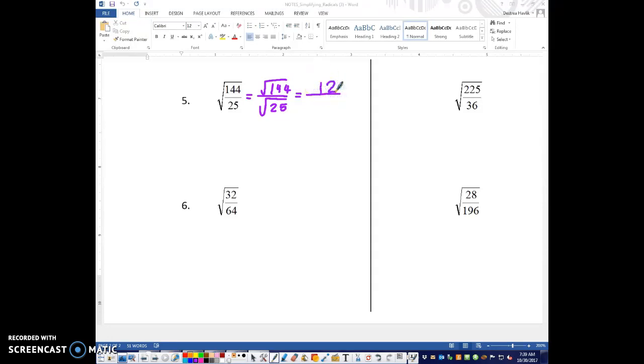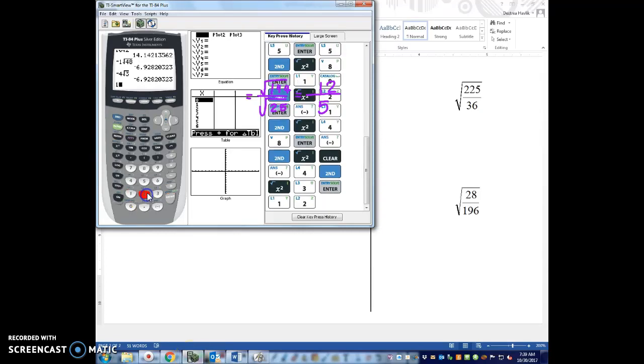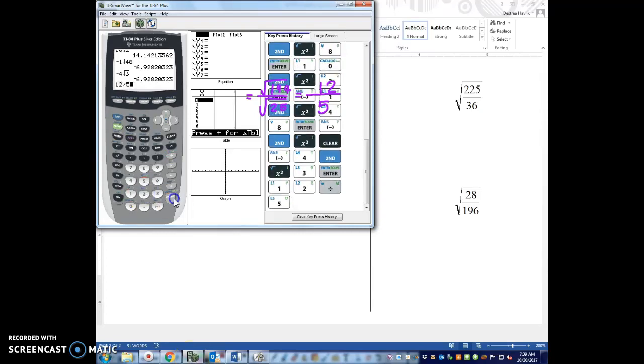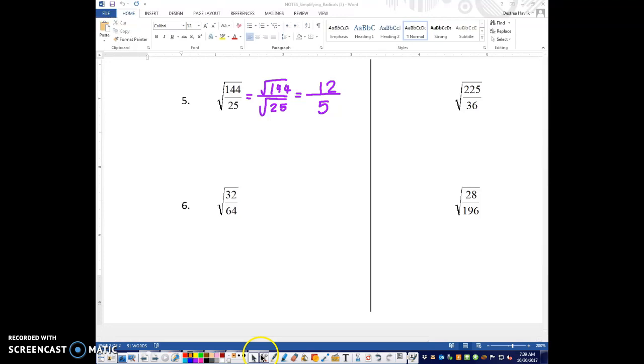And what is the square root of 25? 5. Let's be sure that's fully simplified. So 12 over 5. Math, enter. 12 over 5. So it is completely simplified, and that is your answer.